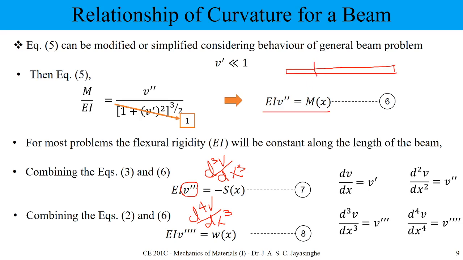You need to find the general bending moment formula for your section, substitute, and apply integration with respect to x, and you can end up with theta and v. That's the first way.